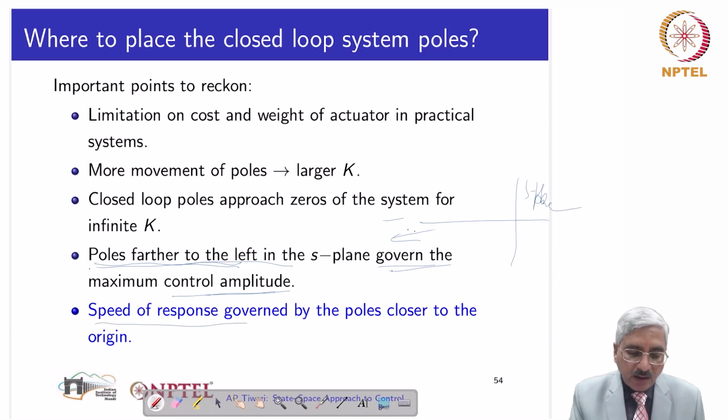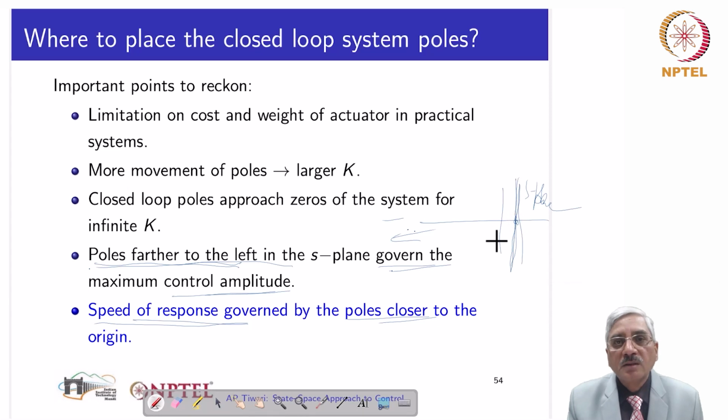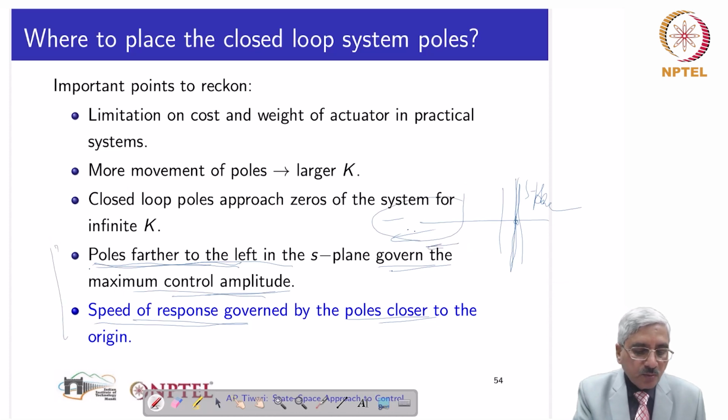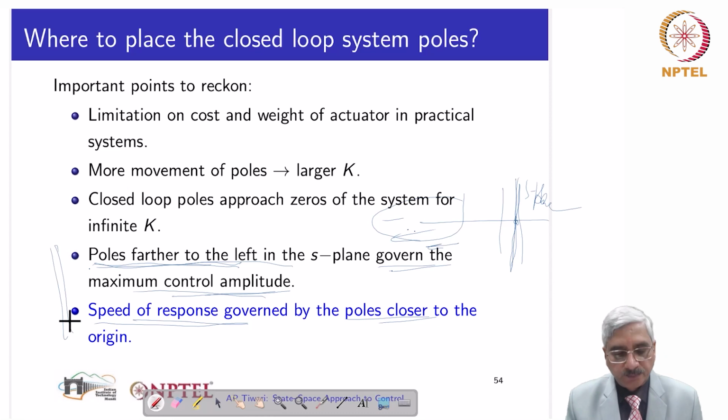And the speed of response is governed by the poles which are closer to the imaginary axis, closer to the origin in this region. The maximum control amplitude is governed by the poles away. So we have to keep these two points in mind.